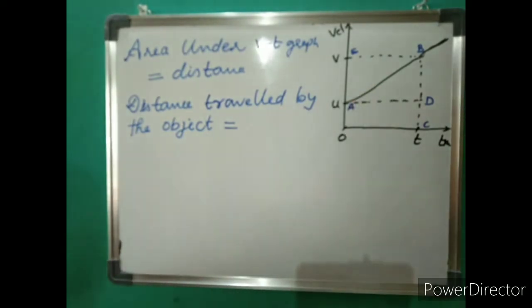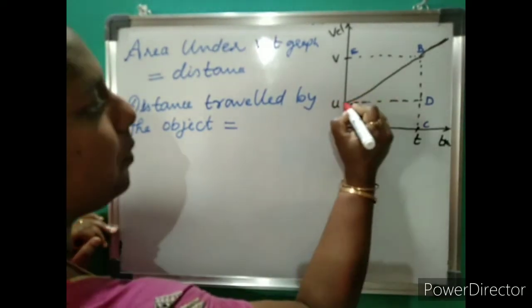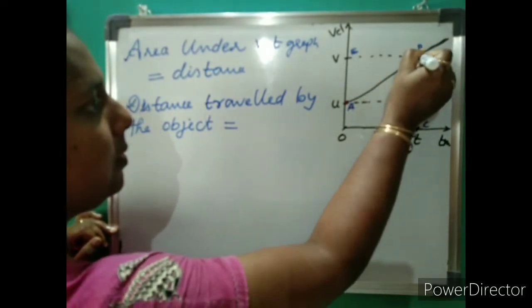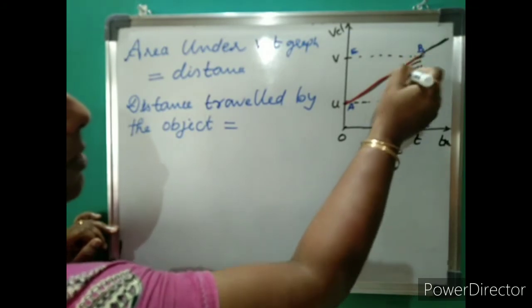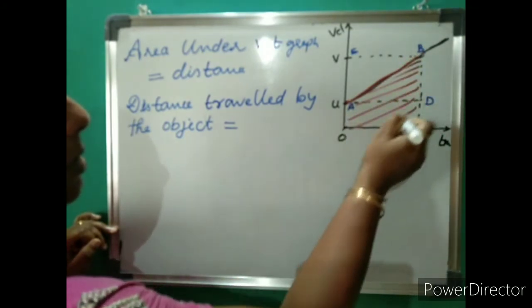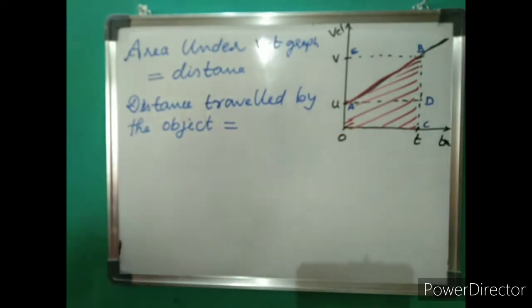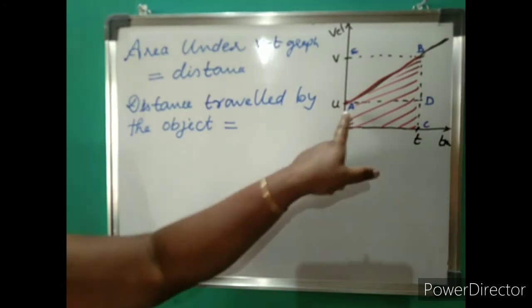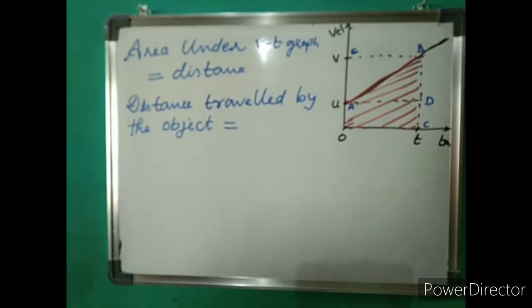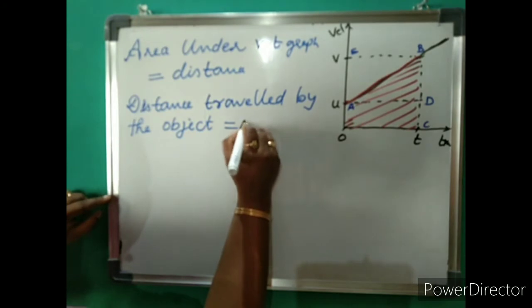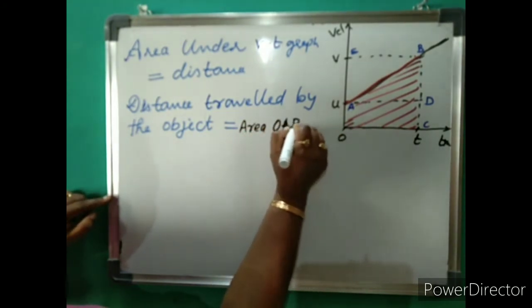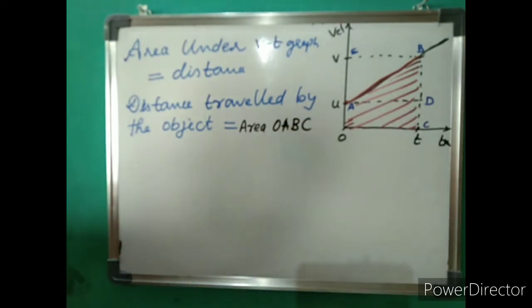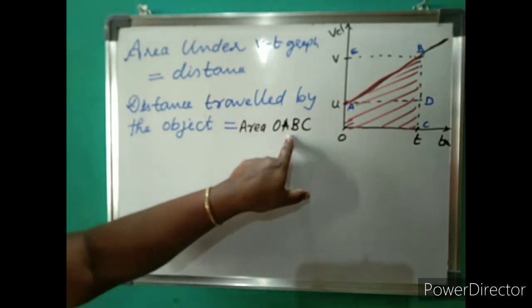Our graph is from A to B. The shaded portion is the area under the graph, the area of OABC.